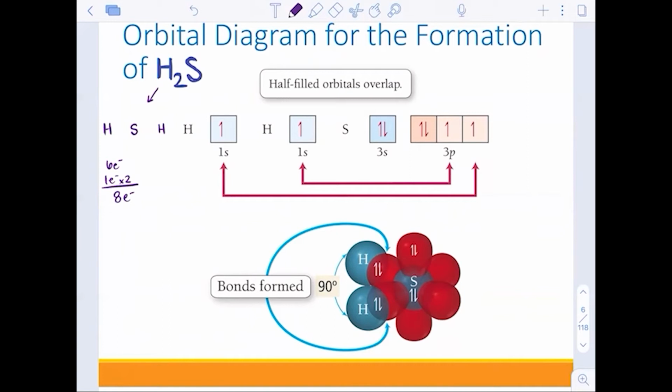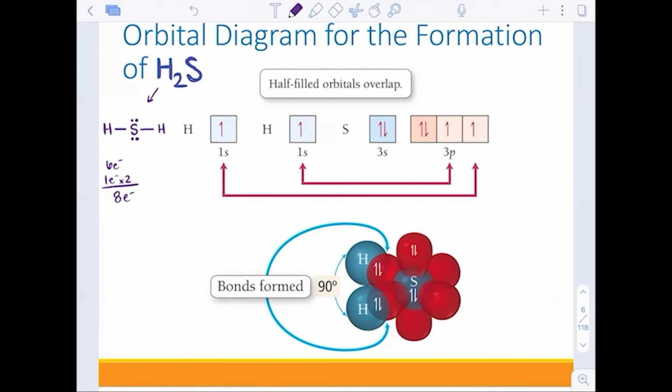We have 8 electrons total. I'm going to put 2 electrons in the bonds between each hydrogen and sulfur. Then we complete the duets or octets of the outer atoms. Well, they're hydrogens, so the duets are done. The other 4 electrons get placed on sulfur as lone pairs or non-bonding electrons.